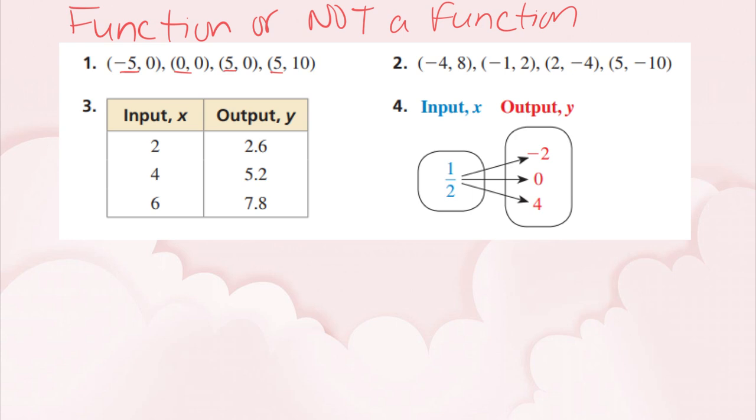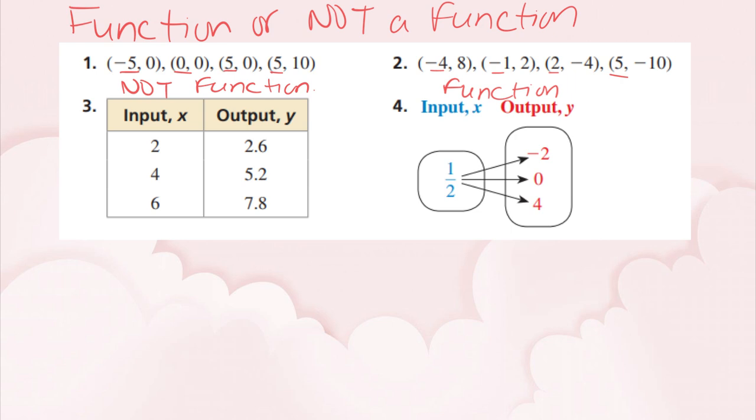What's repeated there? 5. So it's not going to be a function. And number 2, let's underline our inputs. Are any of my inputs repeated? So it's going to be a function.